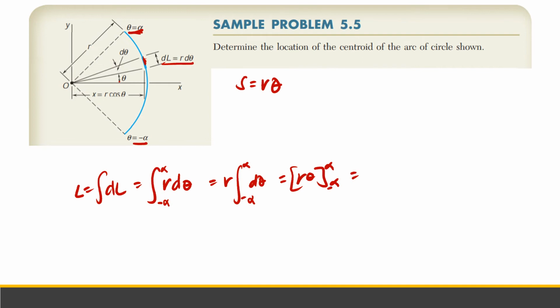So if you evaluate this, r times alpha minus r times negative alpha. So magiging positive siya. So magiging 2r alpha. So yan yung length natin. So 2 times the radius multiplied by the angle. Okay. So the first moment of the arc with respect to y-axis is Qy, which is equals to x dL.